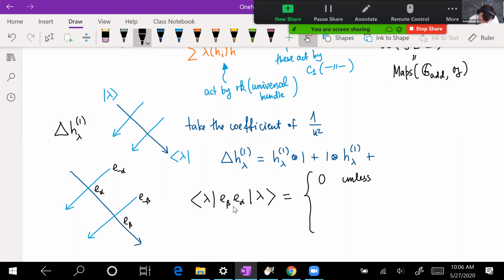First of all, this is a vector of some particular weight, and this is an operator of some particular weight, so we get 0 unless the weight of this operator is really 0. It means unless alpha plus beta equals 0. But also this vector is annihilated by E alpha if lambda is less than 0.